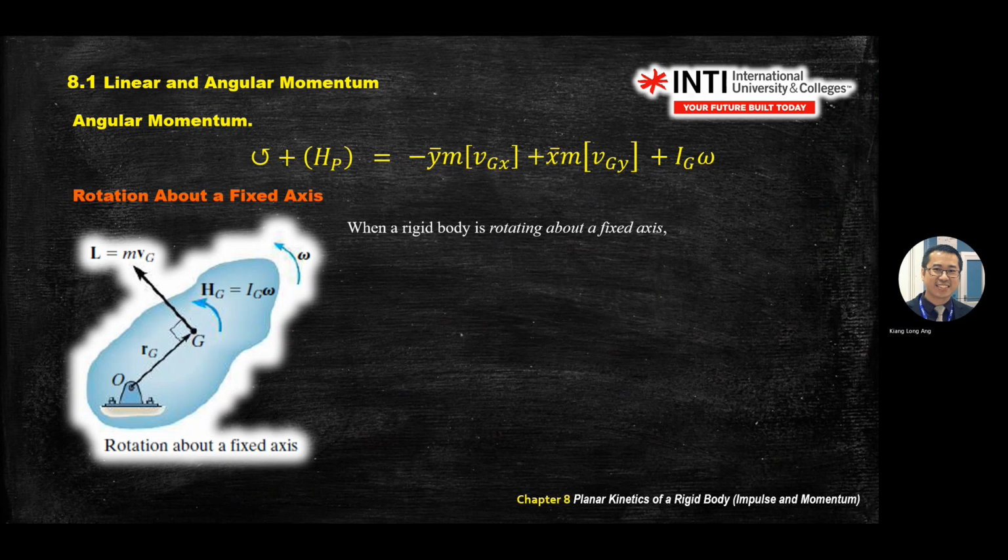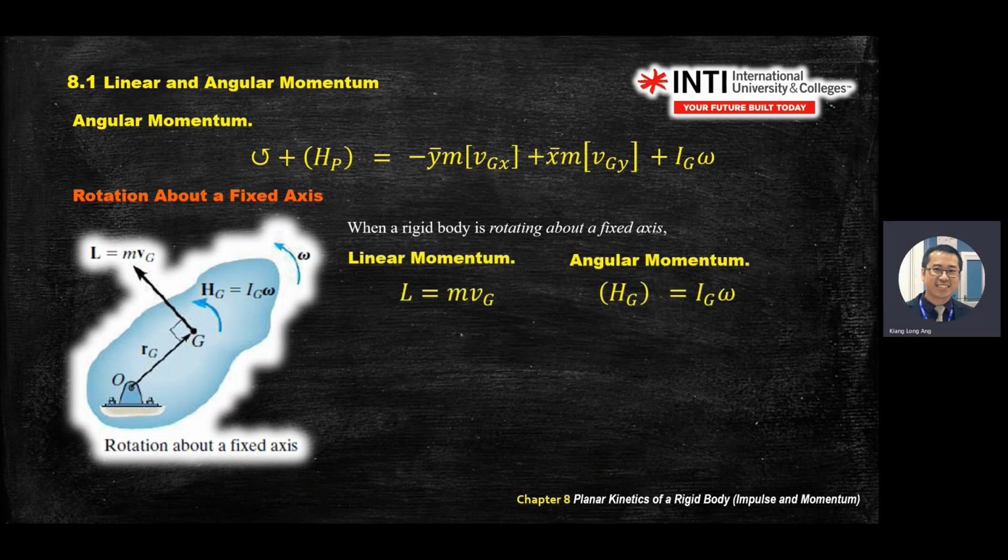So when the thing rotates, then linear, you still need to calculate mass multiplied by velocity. This is the normal momentum. But when you come to angular momentum, you observe the full equation here, because this one rotates with angular velocity. So you have the angular velocity component. And the front one, y is 0, because your interest point here is the same as the G, like the y bar.